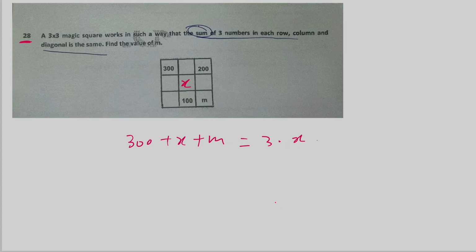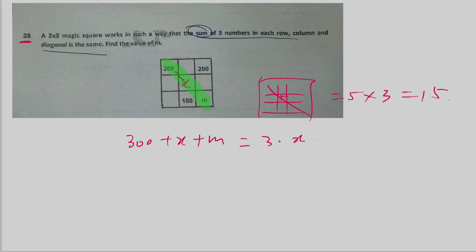Just like the approach just now, if you put 5 here, the sum of the diagonal should be 5 times 3, which is 15. So in this case, the sum of the diagonal, which I'm highlighting, 300 plus x plus m, should be 3x.